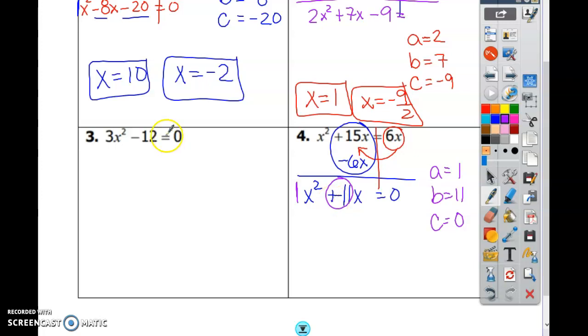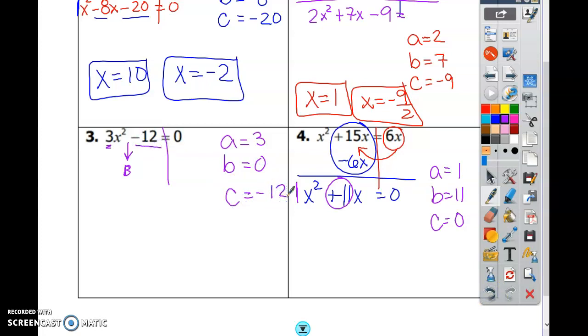Over here, what's my A? 3. What's my B? There is no B. This is where my B is. And there is no B, so it's 0. And what's my C? Negative 12.